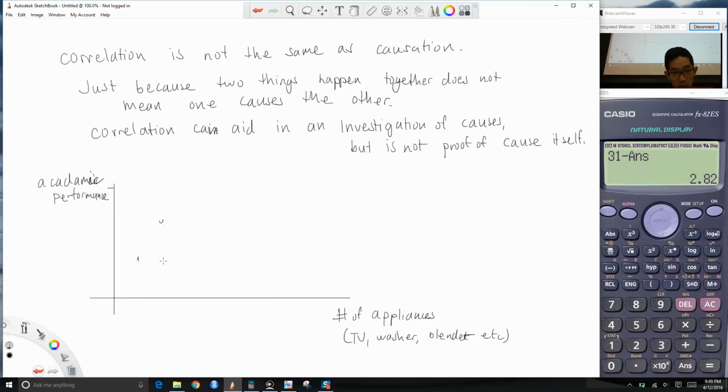Overall, we would see some kind of positive trend, a positive correlation. Maybe not super strong, but we would see that houses with lots of appliances generally have students that perform academically well. Houses with very few appliances generally have students that perform poorly. And there are actual studies, actual data that back this up.